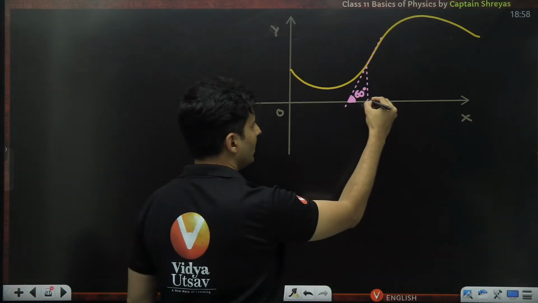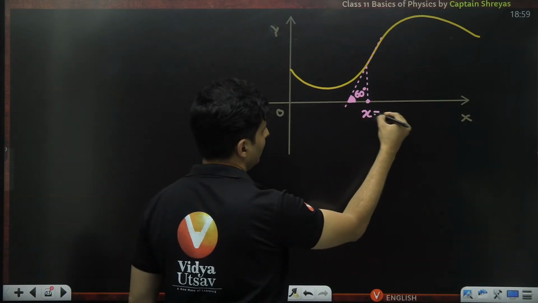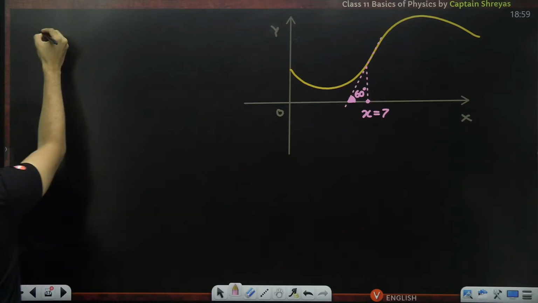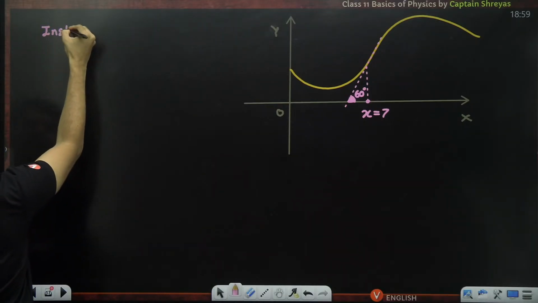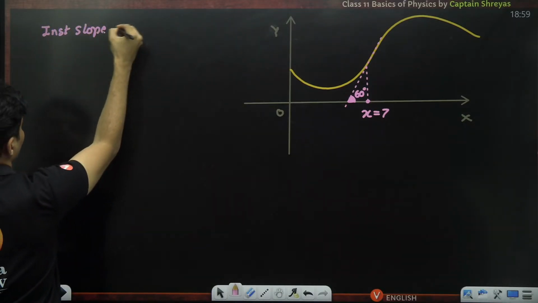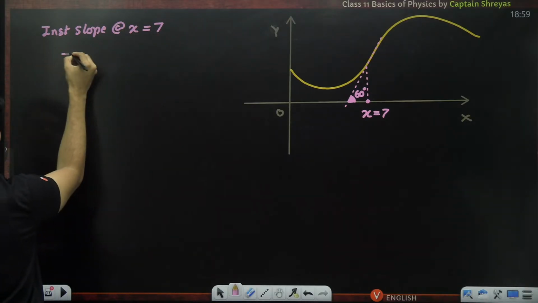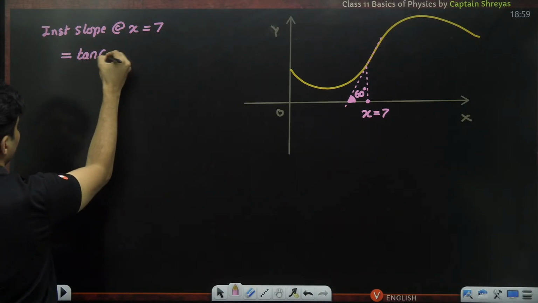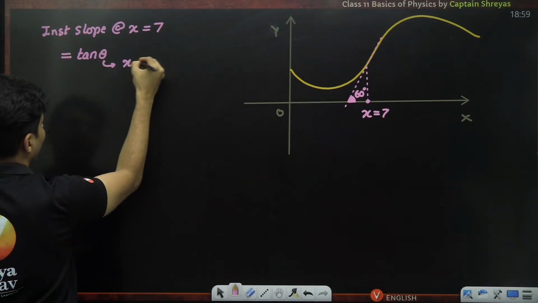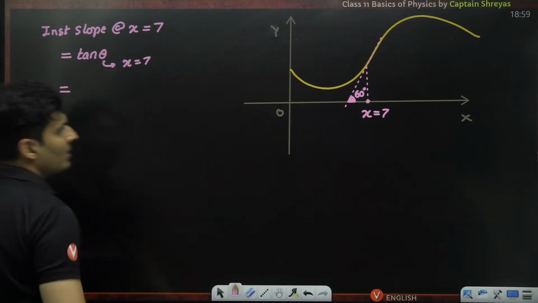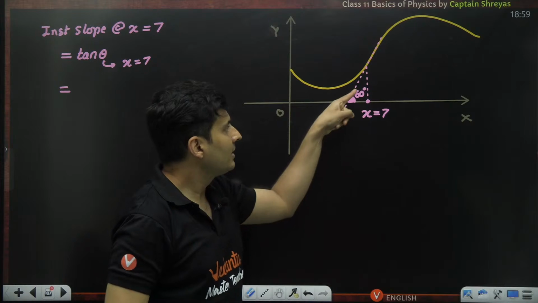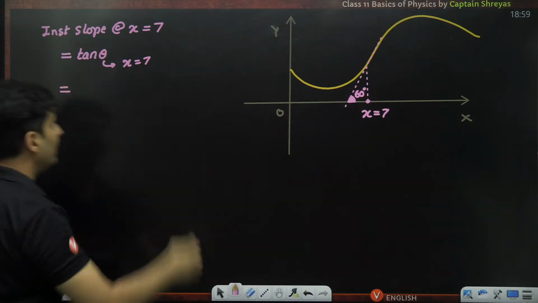Let's say this particular point is x equal to 7. If I ask you what is the instantaneous slope at x equal to 7, then the answer will be tan theta, where theta is the angle of the tangent at x equal to 7. How much angle is it making? 60 degrees.